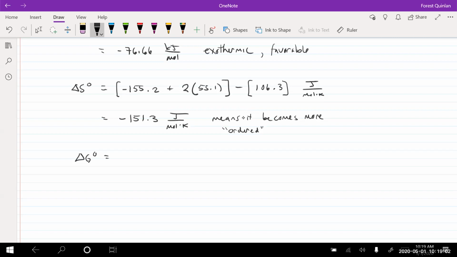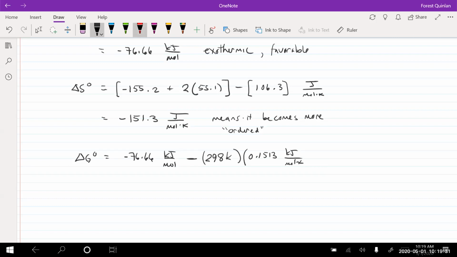So if we do this delta G, the negative 76.66 kilojoules per mole, we're going to subtract out, since we're at 25 degrees because of the knot, 298 Kelvin times this 0.1513 kilojoules per mole Kelvin, right?